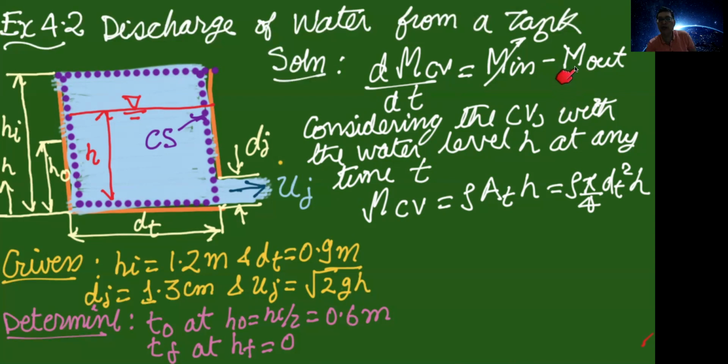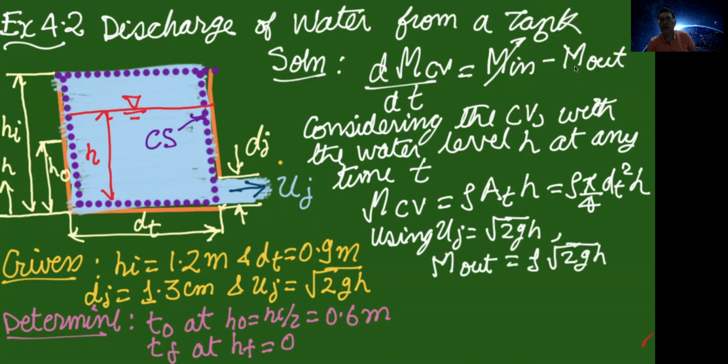So the mass flow rate is equal to the density multiplied by the velocity, which will be under root 2 gh, multiplied by the area of the jet, which will be pi by 4 dj square. So using uj equals under root 2 gh, the mass flow rate leaving the control volume is density into velocity into the cross-sectional area of the jet, as shown here.